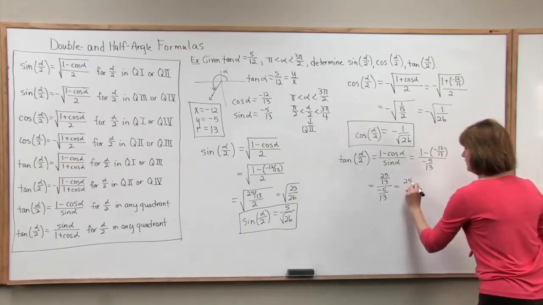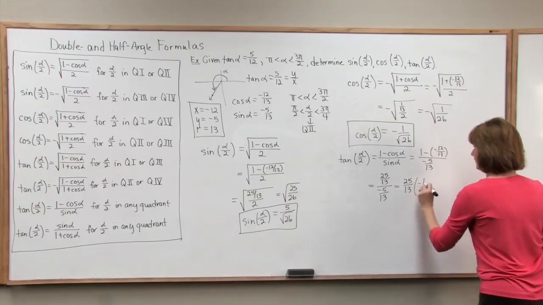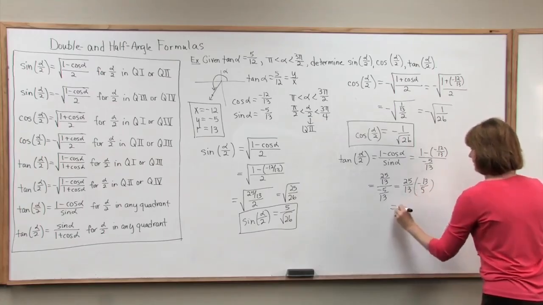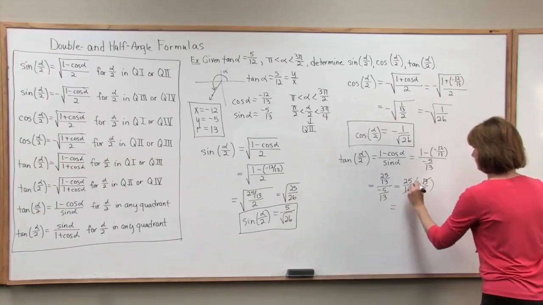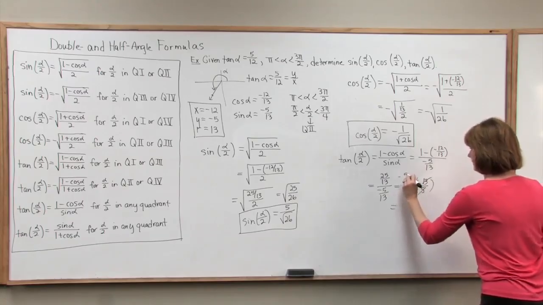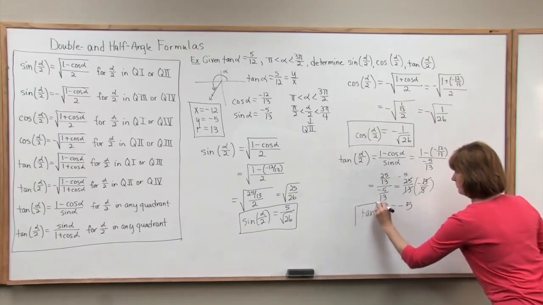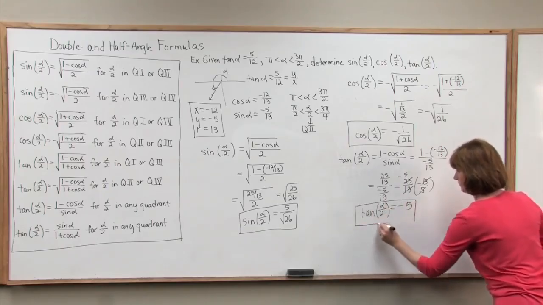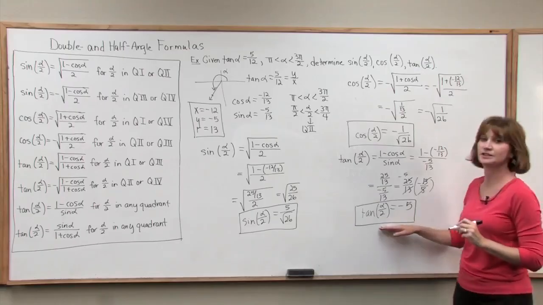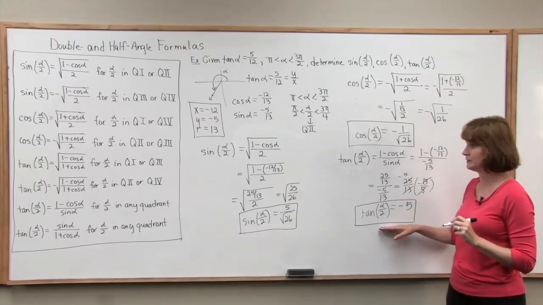That's the same thing as 25 over 13 times negative 13 over 5. And that gives you, what, negative 5? For tangent alpha over 2. So the tangent of alpha over 2 is negative 5.